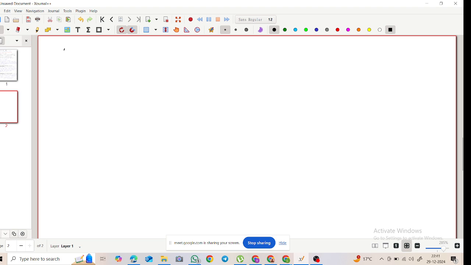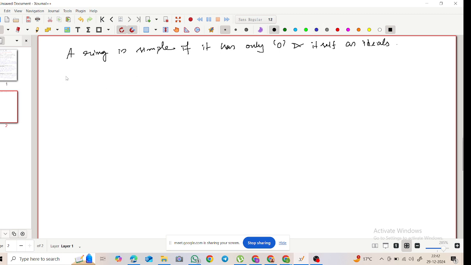So let's do a lemma, or maybe first define. A ring is simple if it has only 0 and itself as ideals. So it doesn't have any proper ideal.